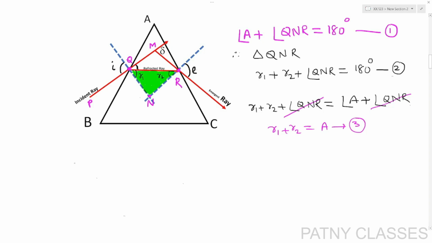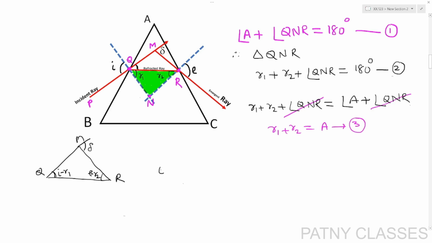Now consider triangle QMR. In this triangle, angle Q equals I minus R1 and angle R equals E minus R2, and the angle at M is the angle of deviation.